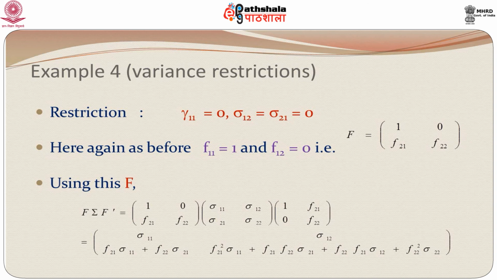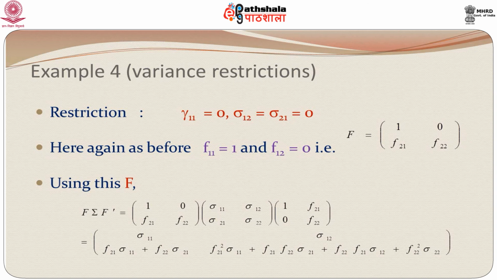So, first let us get F sigma F prime. This comes out as a 2 by 2 matrix of the form sigma 11 is the first element, sigma 12 is the second element in the first row. The second row has f21 sigma 11 plus f22 sigma 21 as the first element, and a fourth term as the final element of the second row.